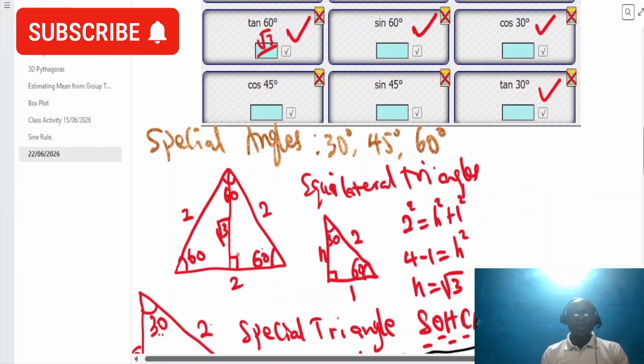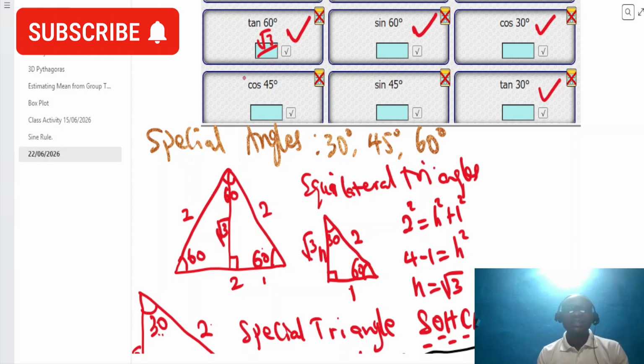Tan 60 is opposite over adjacent. The adjacent here is 1. The opposite is root 3. So that should be root 3 over 1, which is the same thing as root 3. Is that okay? Do you understand?